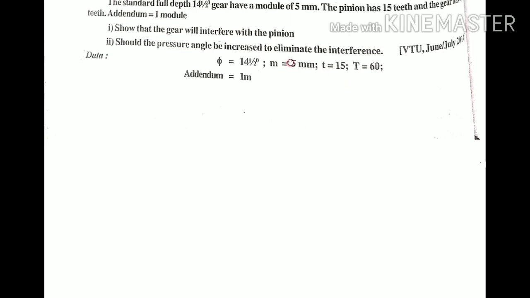What is interference? As I told, when two gears mesh, when the teeth overlap, or when there's damage to the teeth or material is removed, that is called interference. So we need to show that there is interference occurring.